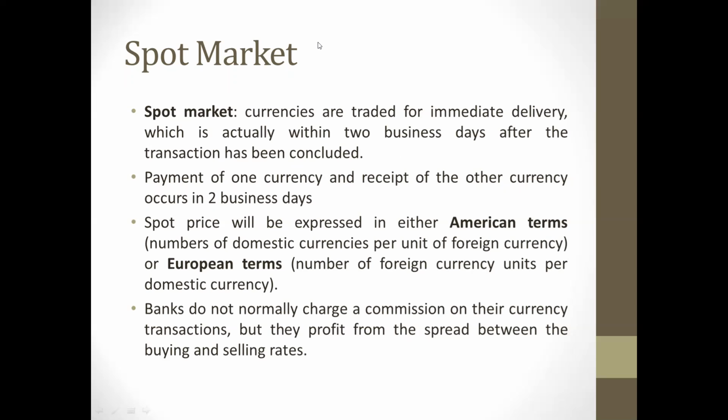Now suppose that you are going to make an agreement with a foreign buyer that we are ready to export our garments or textiles to a USA customer, right? So the agreement is happening today.